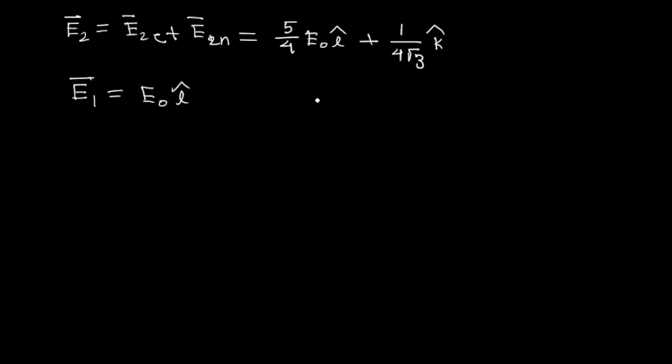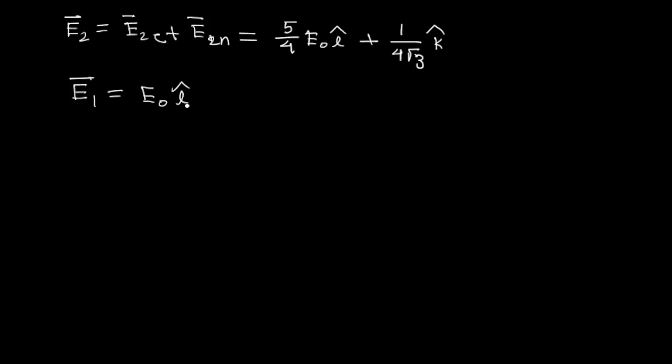Now what has been asked in this question is the angle between these two vectors. Initially E1 has only an I component, but when it crosses the interface, it will have two components, I components and K components.